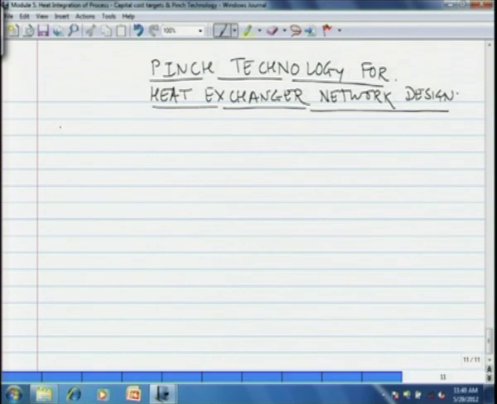We have seen before the principles of energy integration of the system, and then the capital energy trade off in the heat exchanger network.